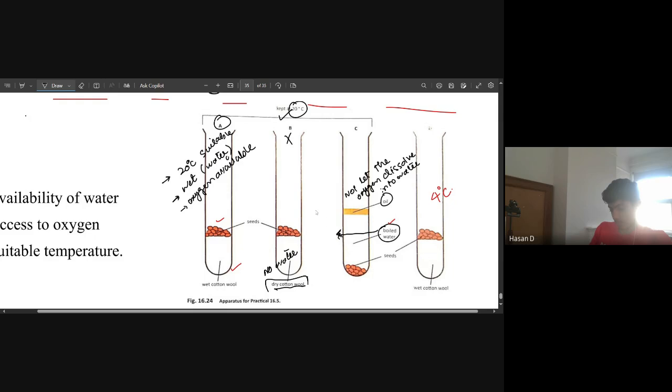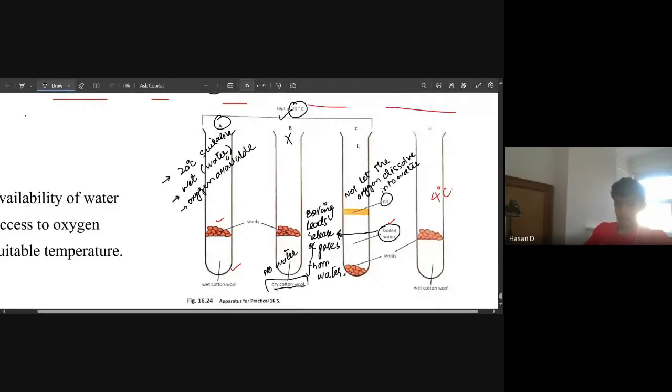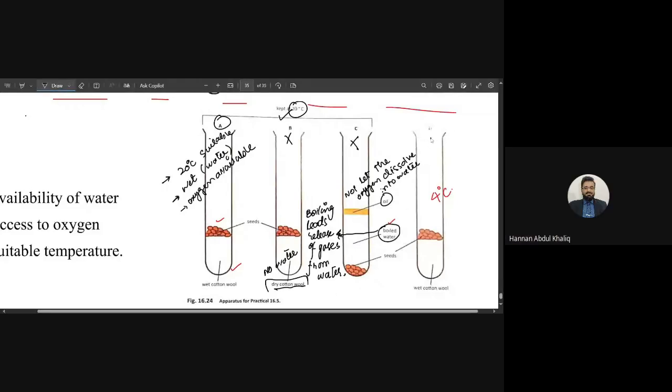It doesn't help with the enzymes because it's going to kill the enzymes. No, you can also say that, but basically boiling leads to the release of gases from water. So if there was any oxygen in the water, it would be released. Got it? Yeah. So no growth. D, the temperature is not suitable. So your answer is correct.